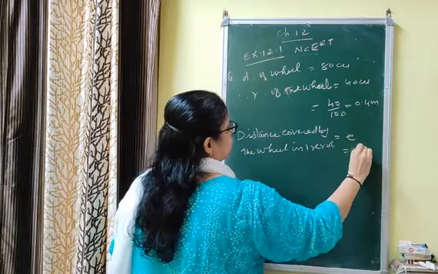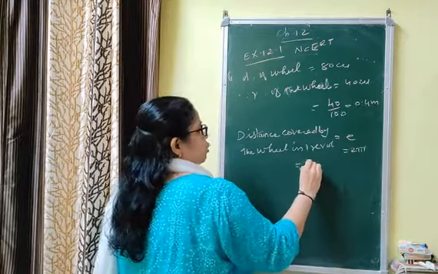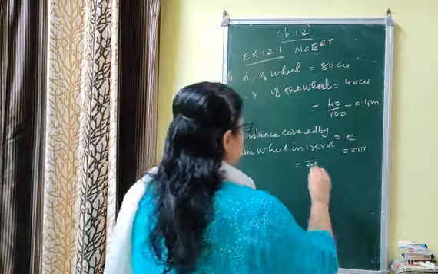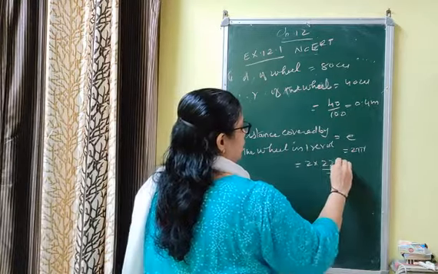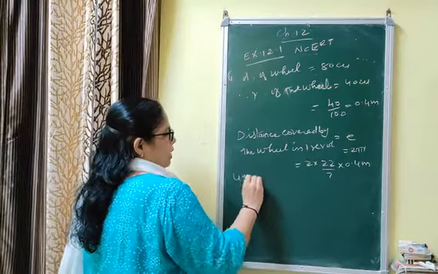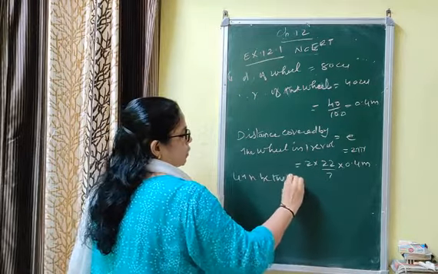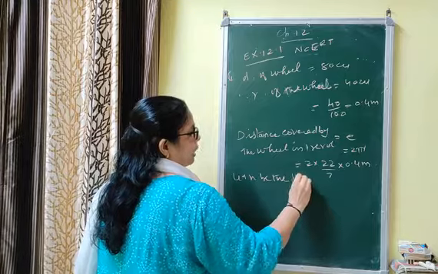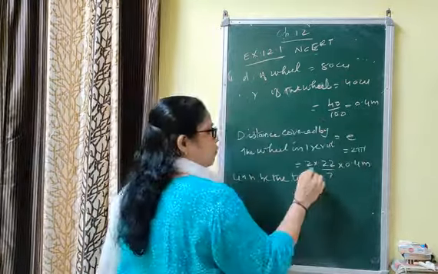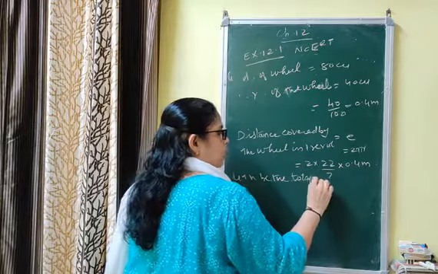Circumference C is 2 pi r, that is 2 into pi, taken as 22 by 7, into 0.4 meter. Let n be the total number of revolutions, कितना revolution घूमेगा.